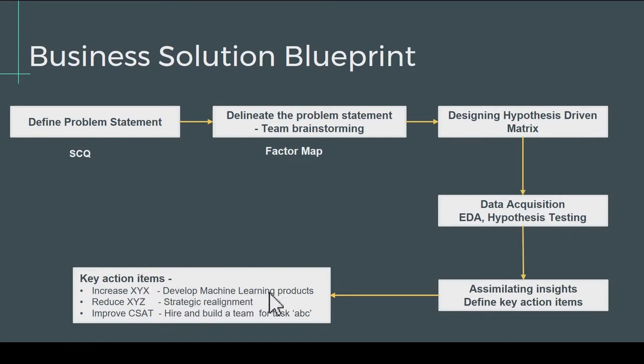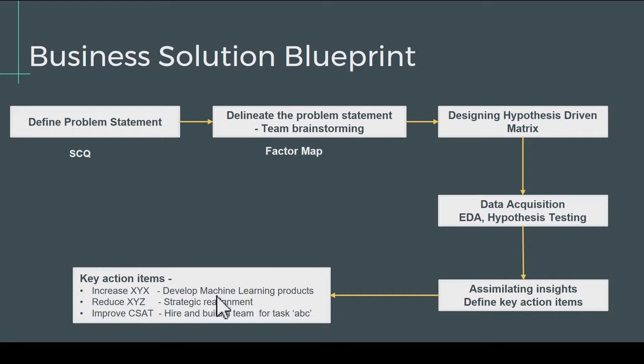Now, some action items will not necessarily require machine learning as an outcome. So let's say you're saying, okay, fine, reduce operational expenses. So that's like reduce XYZ probably. And that will become, okay, you need to have strategic realignment as a solution. Something like that.